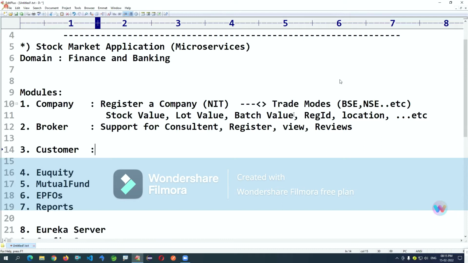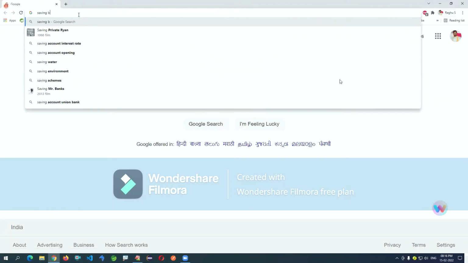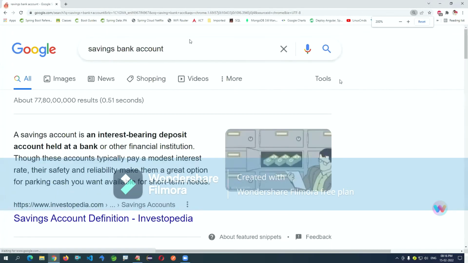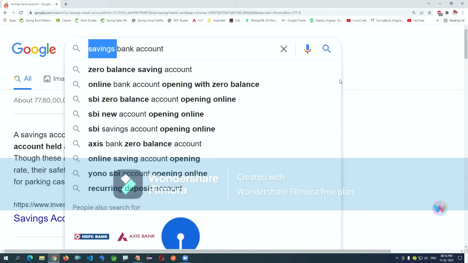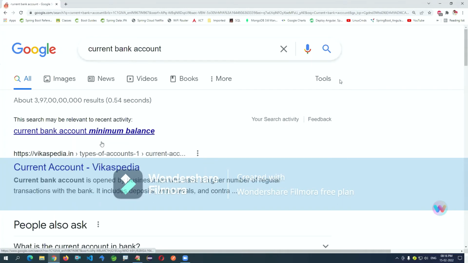The customer is a normal person here. So a demat account has to be opened, and the demat account details have to be linked. Generally you might know a savings account, right? Your accounts are generally savings accounts, even if it's salary based, it's savings. There is another account called a current account, generally opened for business.